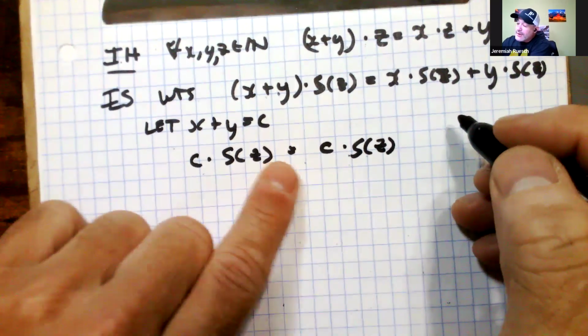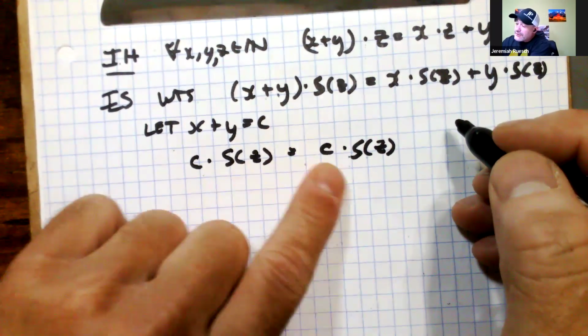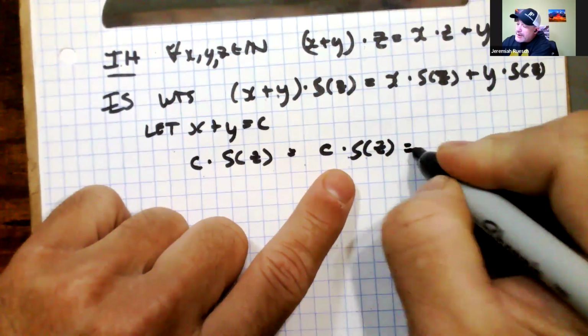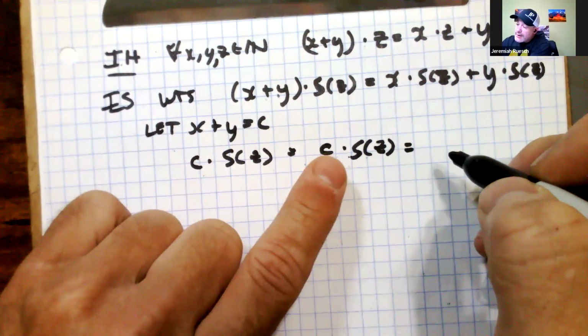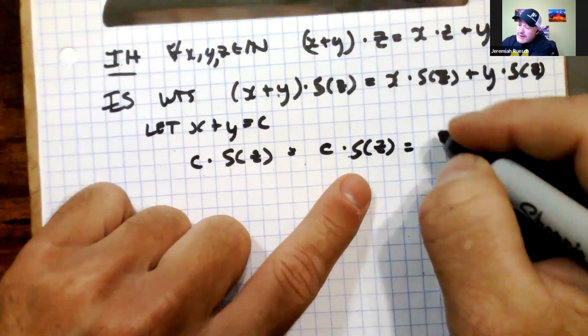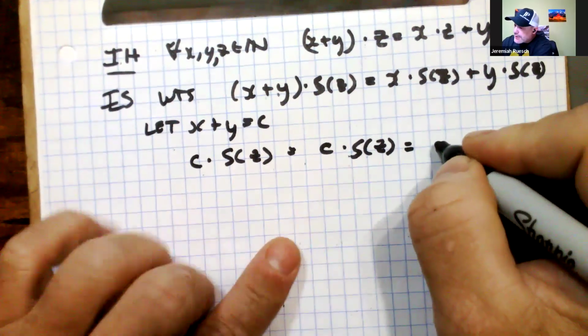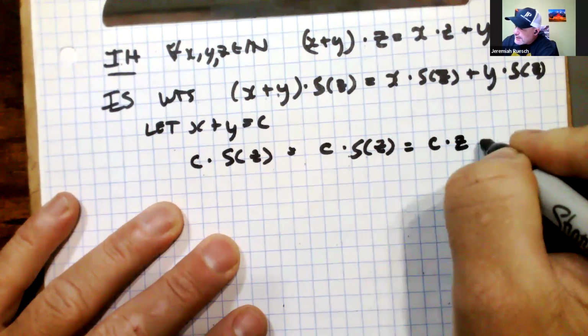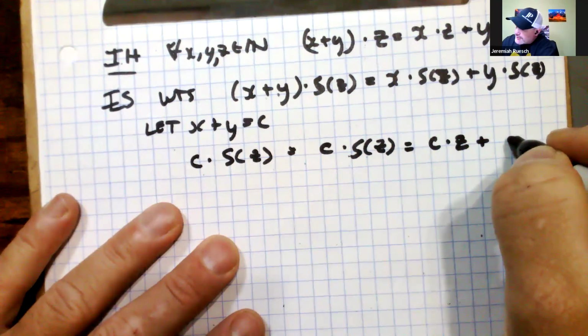No, sorry, not M2. That's just by substitution. And then c times the successor of z by the definition of M2, then of course is equal to c times z plus c.